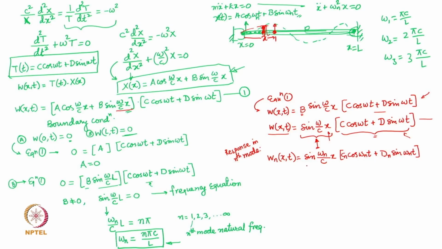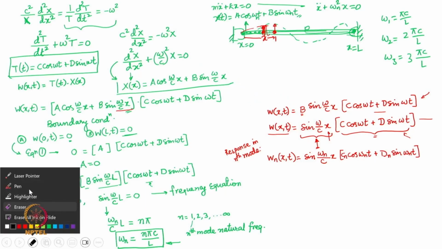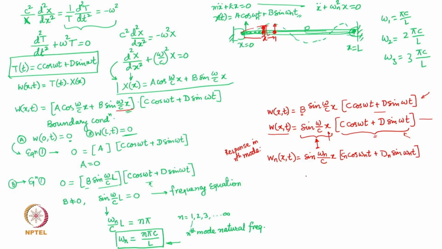Now let's look at how the mode shape would look like. Let me show how we get a mode shape. Now the mode shape is governed by sine(omega_n by C x).